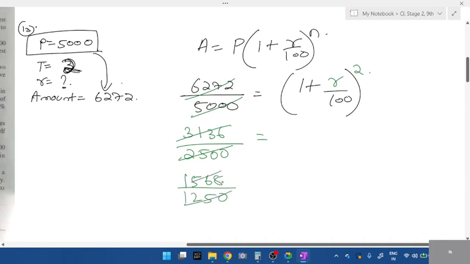Yes, keep reducing, keep reducing. 625. Can we further reduce it? All three of you will respond. 784 divided by what? 625.